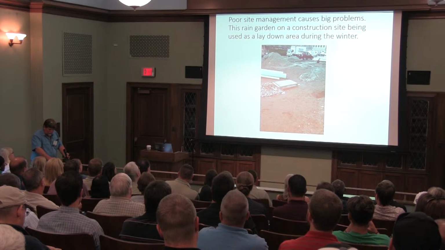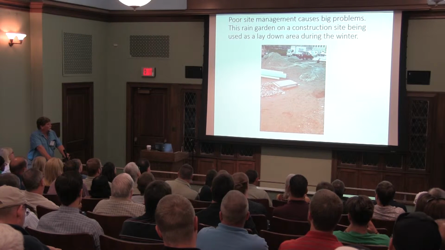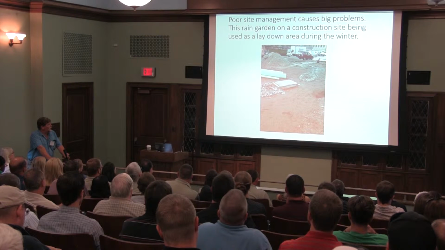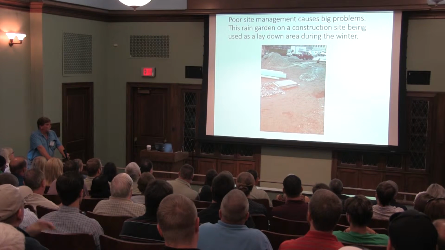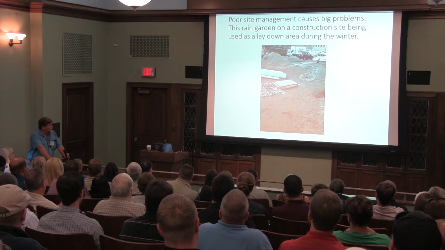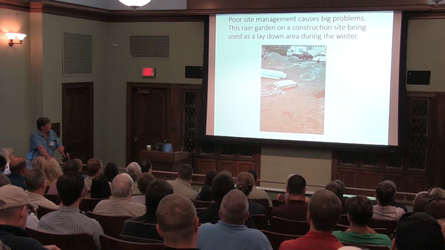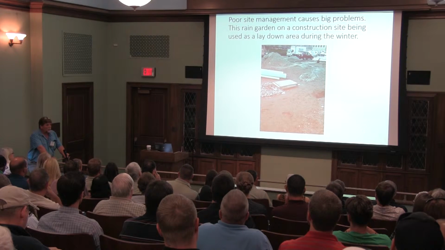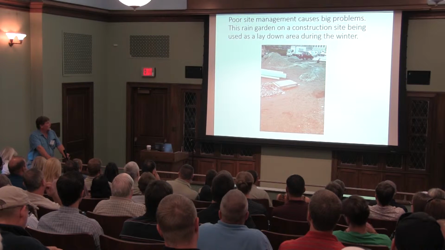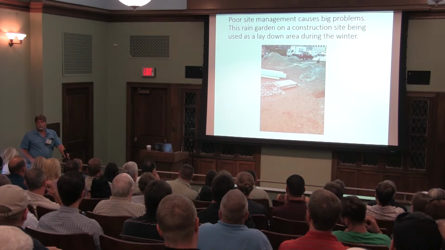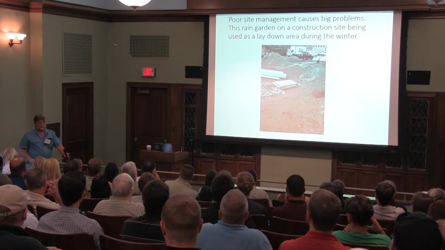The weir and the overflow and inlet pipe were put in, and then the soil was placed, and then it became a storage area for construction debris, a pile of dirt. This is a common problem. People tell me, oh, we had a problem, this is failing, what are we going to do? And so, when did you put the soil in? Well, the site contractor did it.